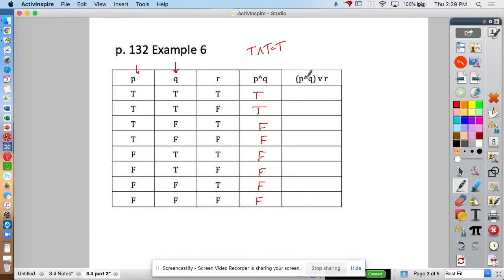Okay? Then we take the parentheses, which is this group, or R, this group. So what was the rule there? False or false make false. So now I'm looking between these two columns. False, false, here. False, false, here. False, false, here. So those are the ones that follow the rule.